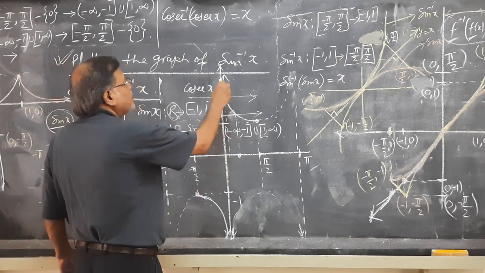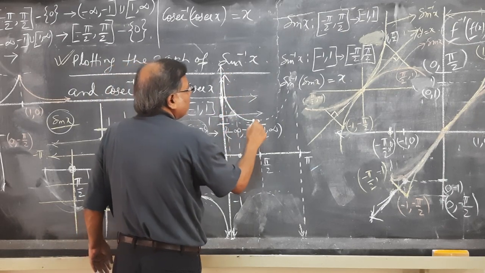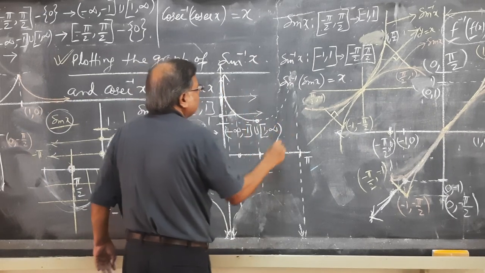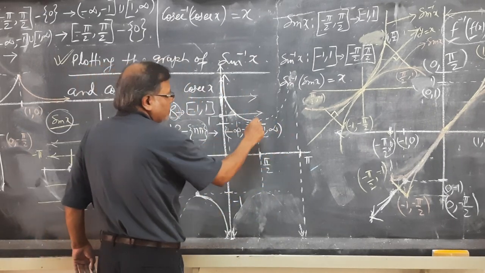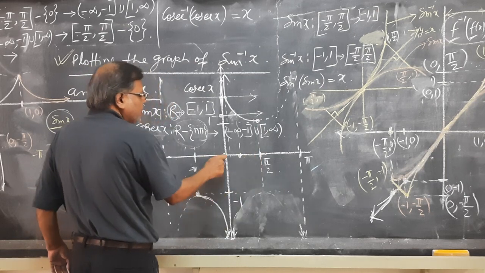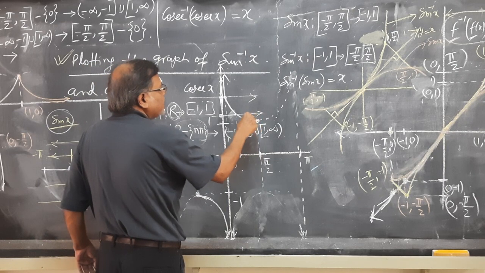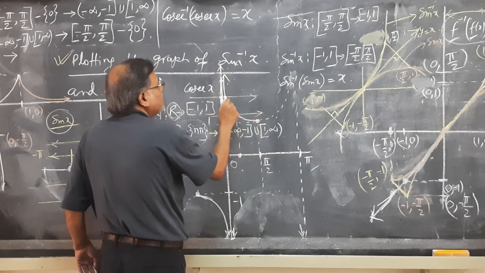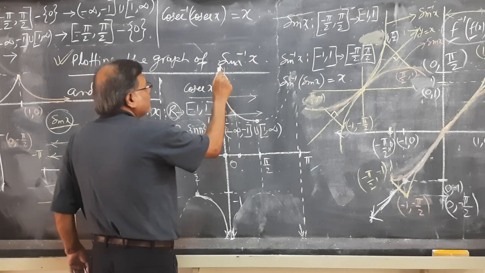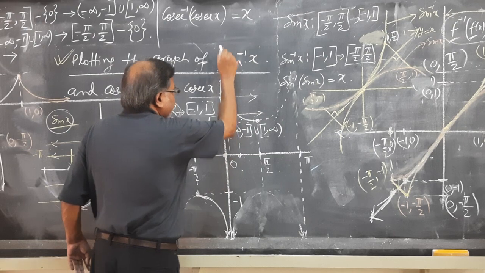As you can see over here, I have plotted the graph for the cosec x. This part is the dotted one that I am not considering. From minus pi by 2 to pi by 2, this point is representing 0, and you see the graph for the cosec x is asymptotic about this y-axis over here.